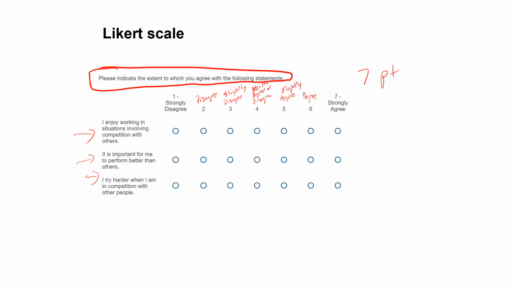Now, we'll talk in a little bit about how you should occasionally flip up. So maybe have some of your questions have this scale and some of your questions have 1 as strongly agree. And you should also flip some of your questions here such that some of your questions are asking positive directed questions and some are asking negative.